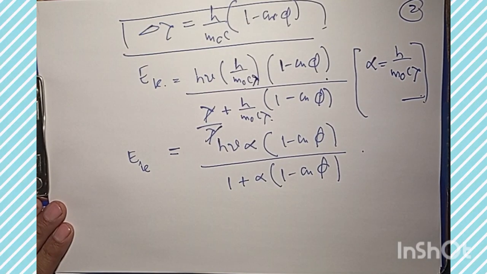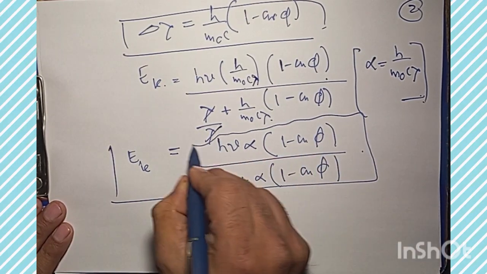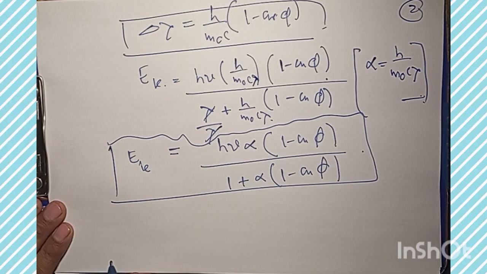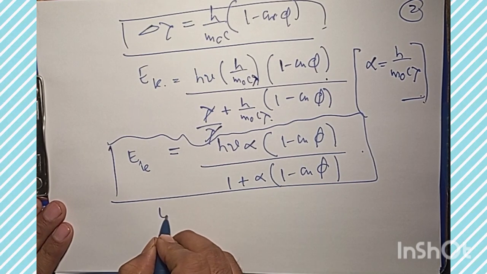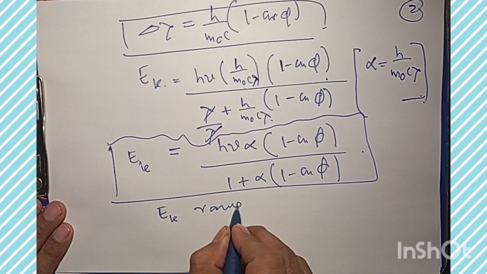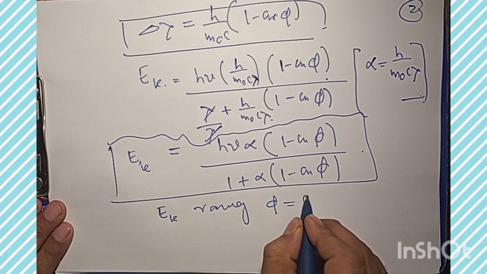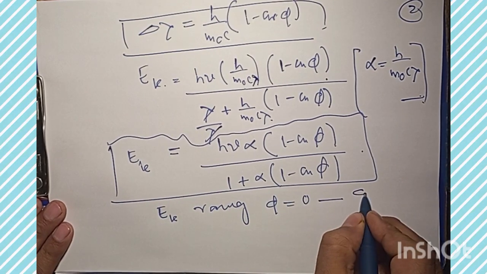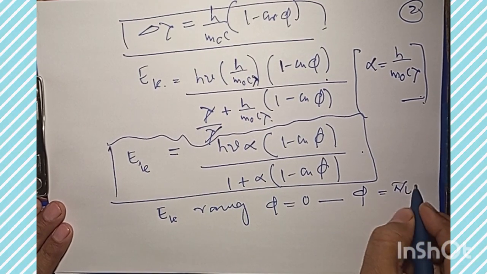Now, from this equation, let us evaluate some physics out of it. We can understand that this kinetic energy of the electron can range from phi equal to 0 to phi equal to pi by 2.